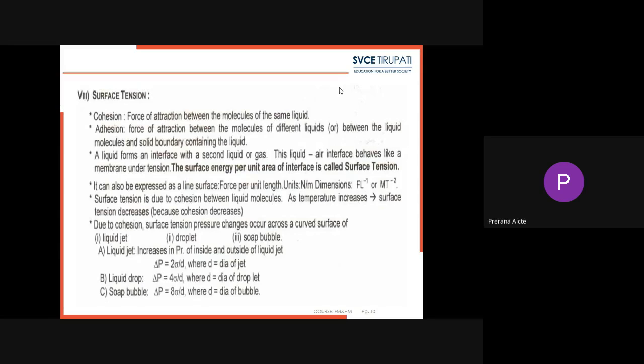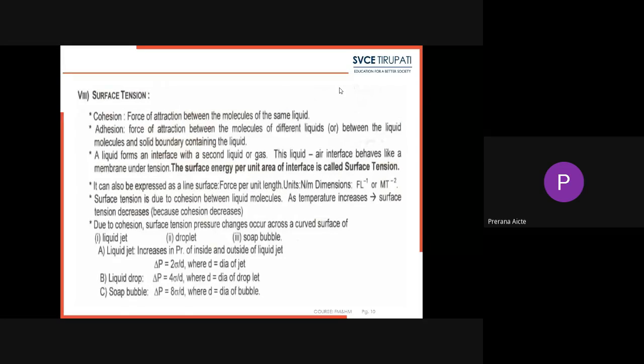Due to cohesion, surface tension pressure changes occur across the curved surface of a liquid jet, droplet, and soap bubble. If you take a liquid jet, there is an increase in pressure inside relative to outside of the liquid jet.